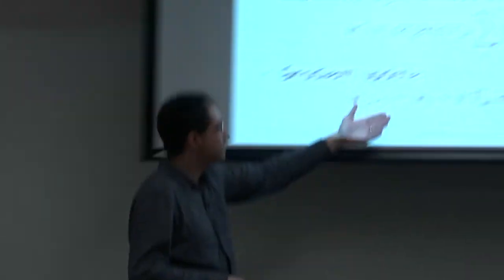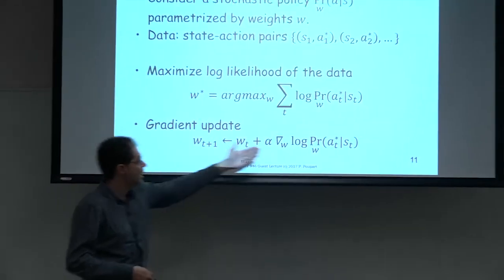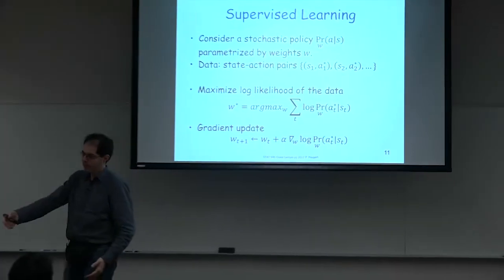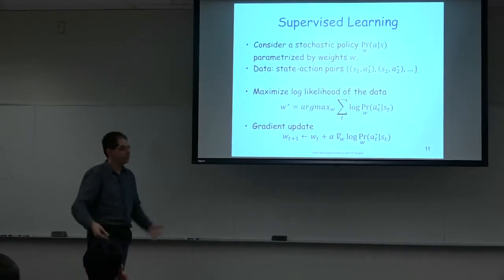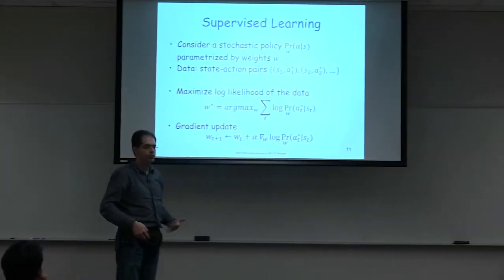So the gradient update would simply be this equation that many platforms, whether it's TensorFlow, PyTorch, and so on, can compute for you automatically.